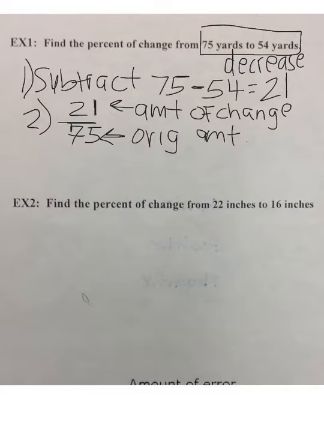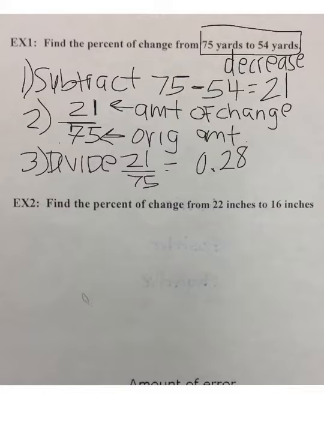Then step 3, we're going to divide. So we have 21 divided by 75. When I put that in my calculator, because you want to use a calculator on this, 21 divided by 75, I come up with 0.28.